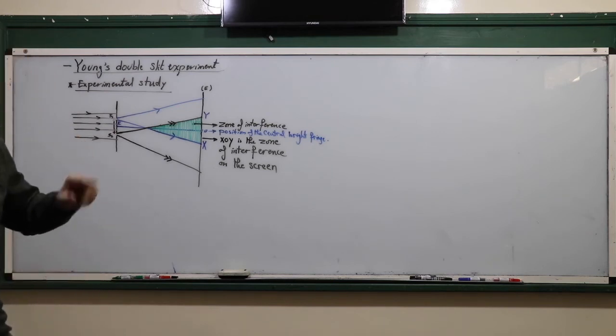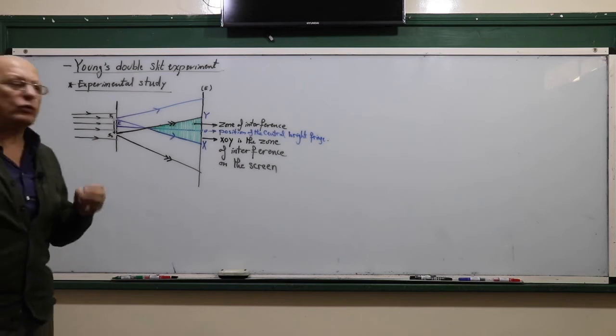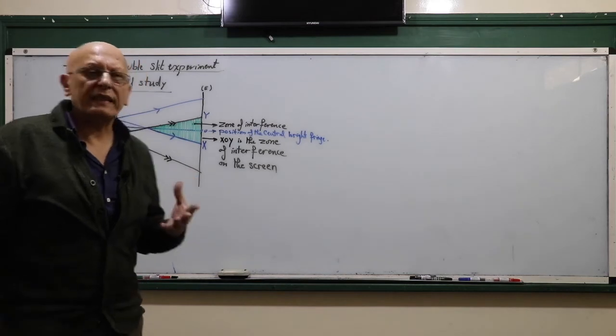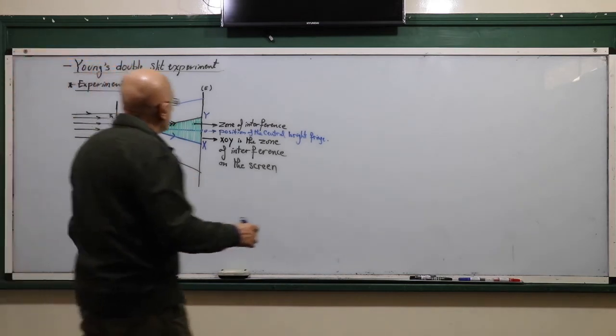On this zone XOY, and due to the superposition of waves from S1 and S2, what do we observe? We observe an interference pattern, okay?